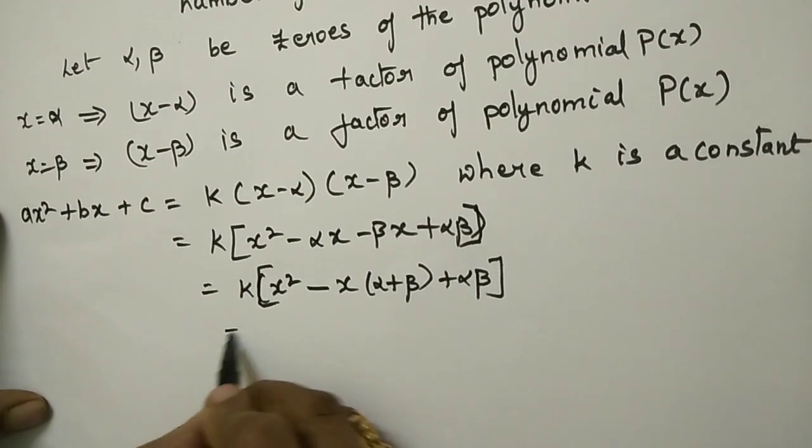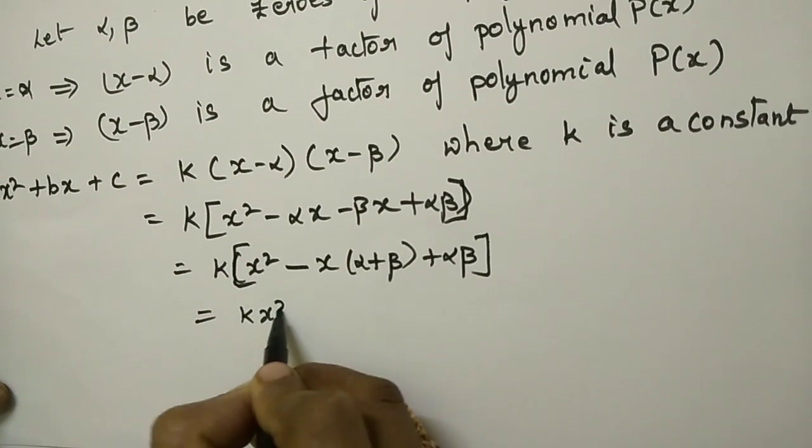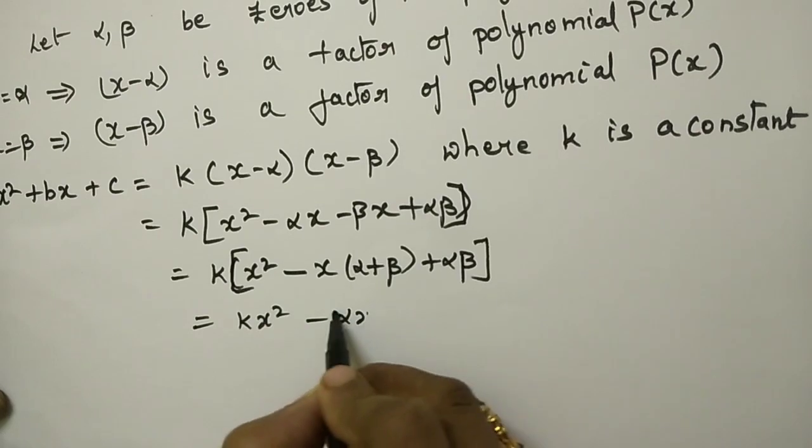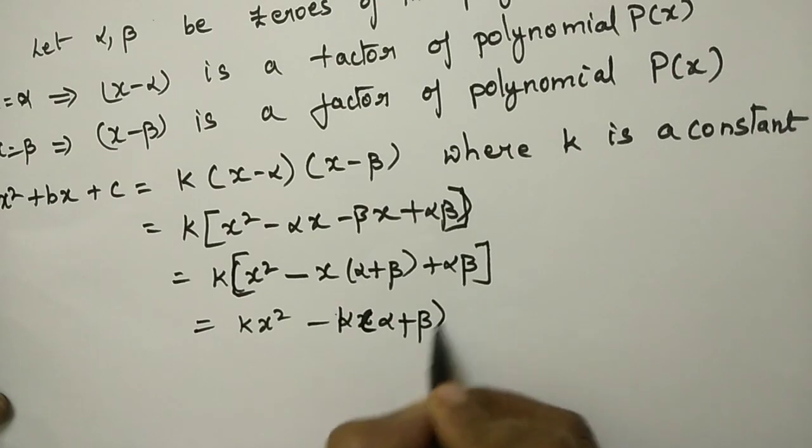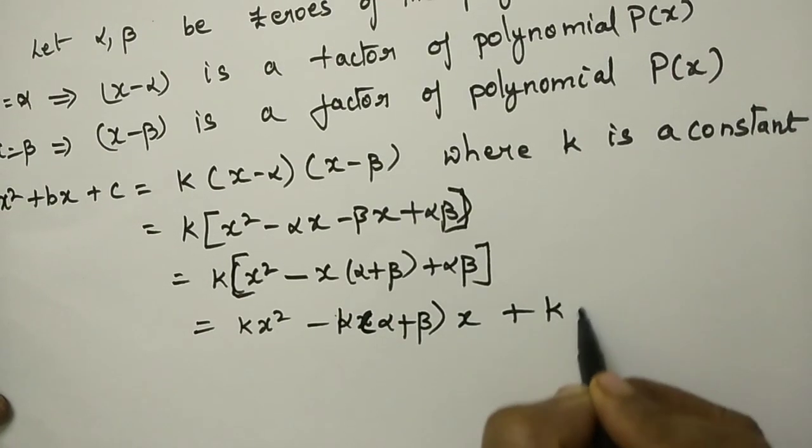Now multiply with k: kx square minus k into alpha plus beta into x plus k into alpha beta.